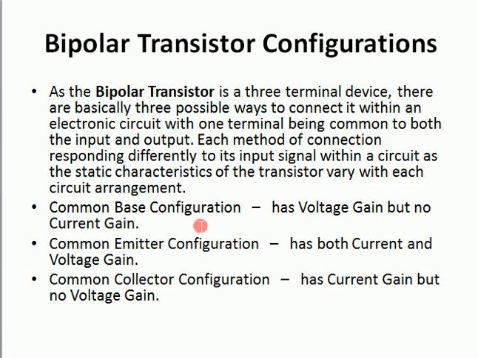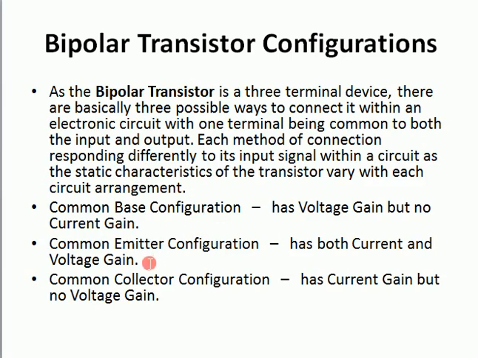In the common base configuration, the emitter is the input terminal and the collector is the output terminal. Regarding gain, the common base configuration has voltage gain, but there is no current gain.